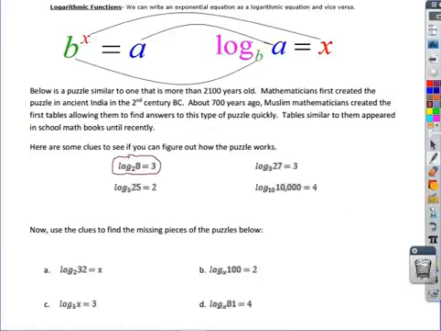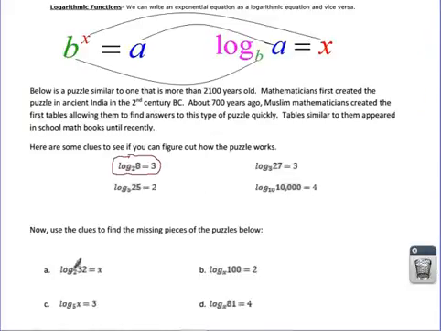As a matter of fact, I'll go ahead and do A with you down here. If you wanted to figure out what x is here, the best way to do it would be to rewrite this expression as an exponential function, because we understand exponentials better. We can figure out things with exponents more than logarithms because we're not as familiar with logarithms.